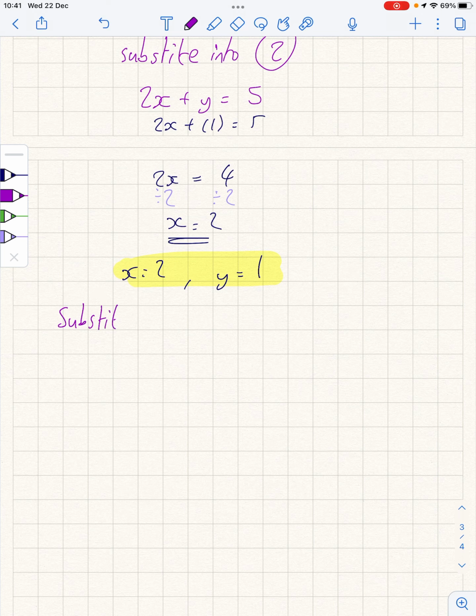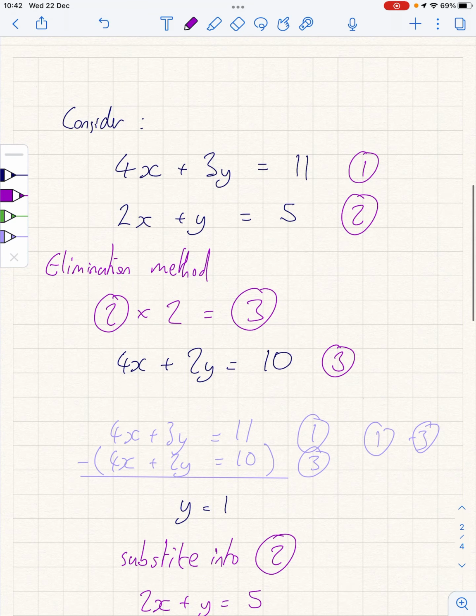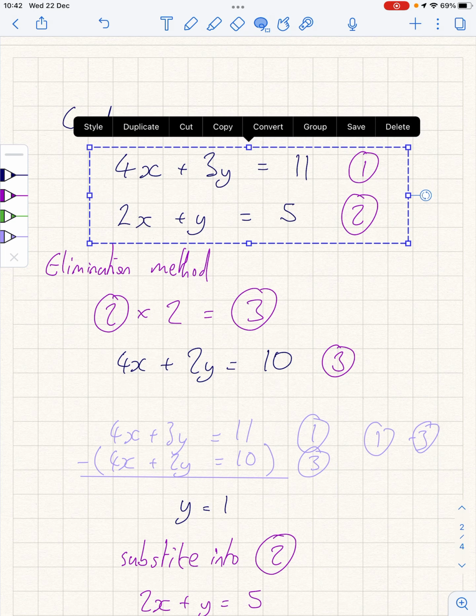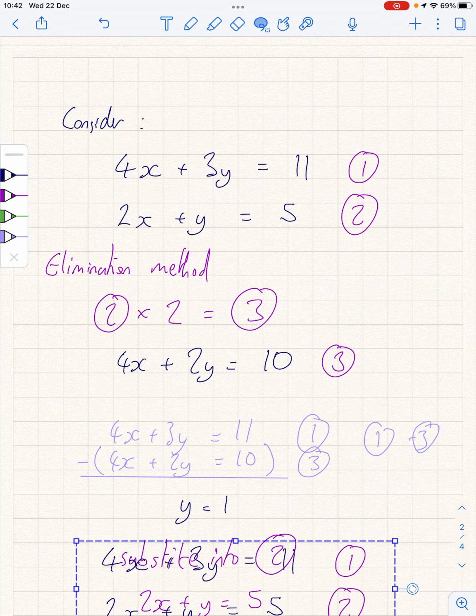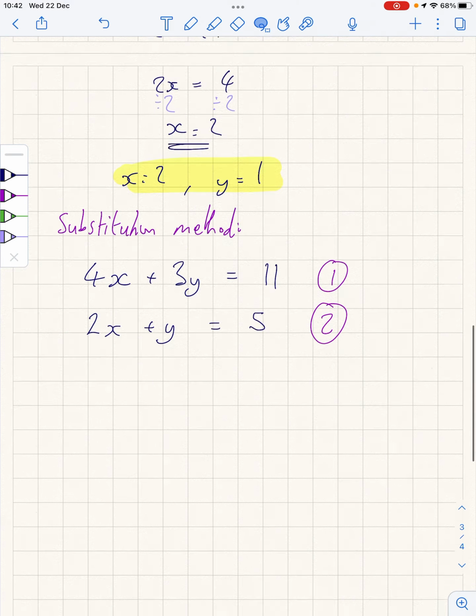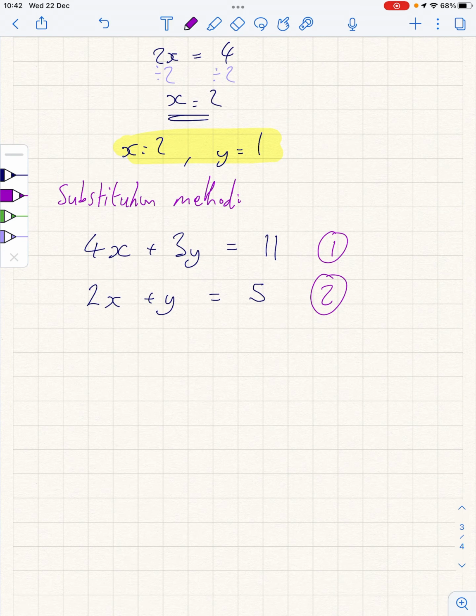Now, using the same equations, we can look at something called the substitution method. This will always work, but it's not necessarily the quickest way. So if I just bring down these two examples again, I'm just going to copy them down so I have them with me. What I can do is rearrange one to make y the subject, or make x the subject. It's going to make it easier.